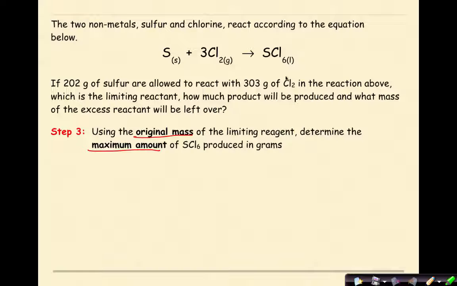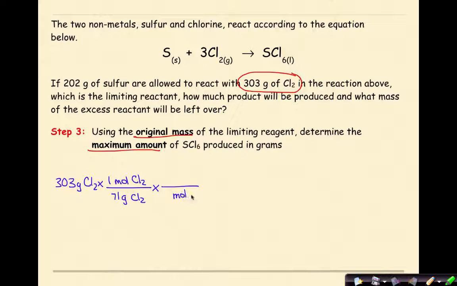So I know that my limiting reagent is this Cl2, and my original mass is 303 grams of Cl2. So I'm going to start by writing my original mass, 303 grams of Cl2, and I'm going to convert this into moles of Cl2. I know that there's approximately 71 grams of Cl2 in 1 mole. Once I'm in moles of Cl2, I can convert this into moles of SCl6.